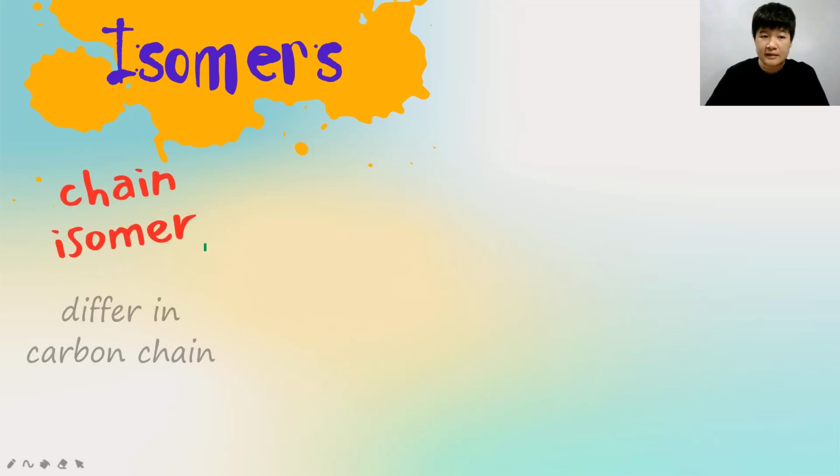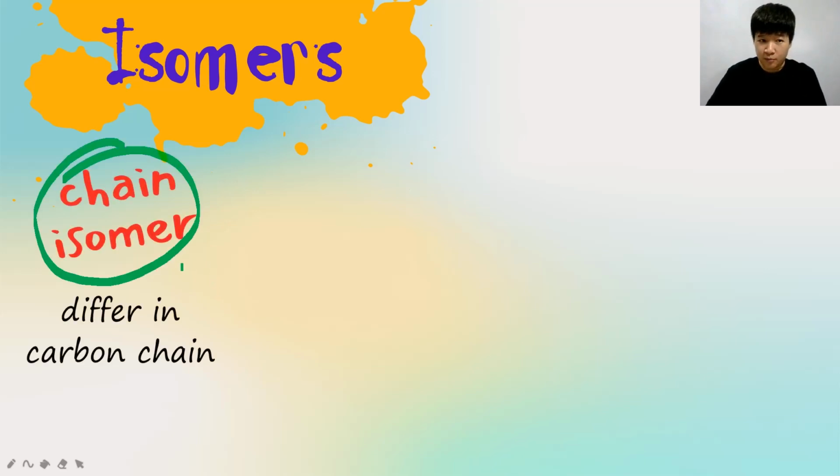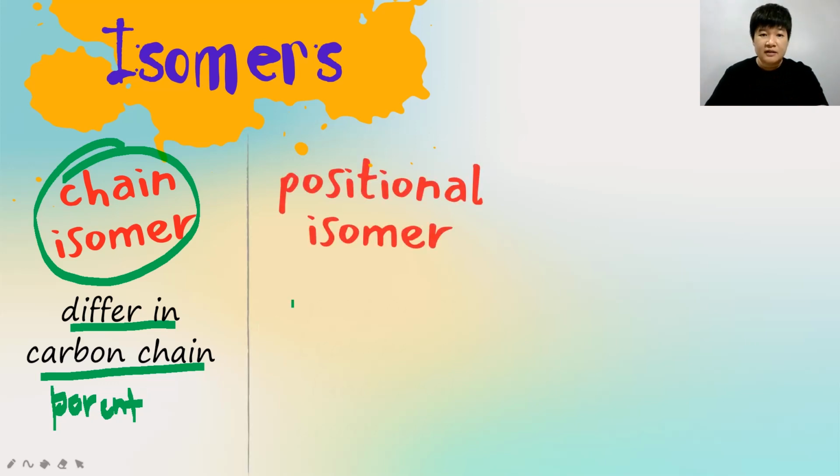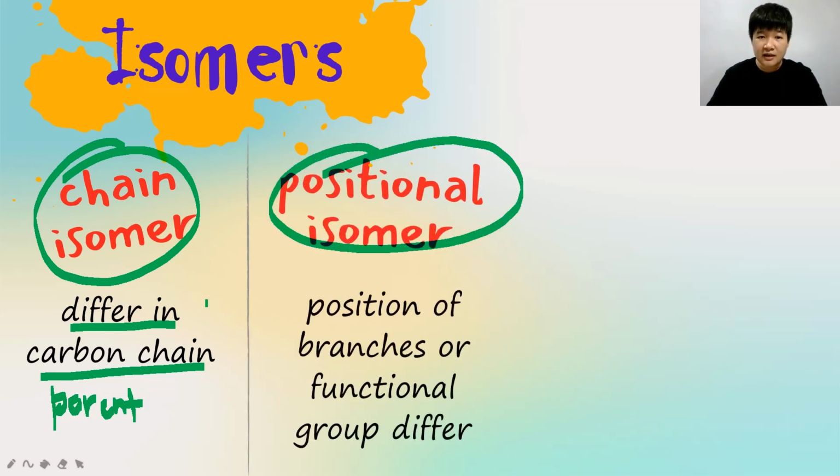So, we have 3 types of isomers that we are going to learn in this video. The first one is chain isomer. Chain isomers mainly differ in the carbon chain. The longest parent chain will be changing. Next, we have positional isomer. Obviously from the name, position: the position of the branches or the functional group will change along the way.